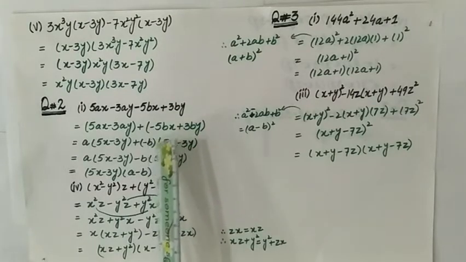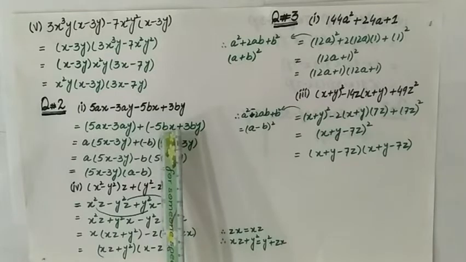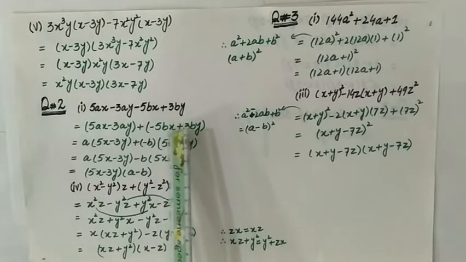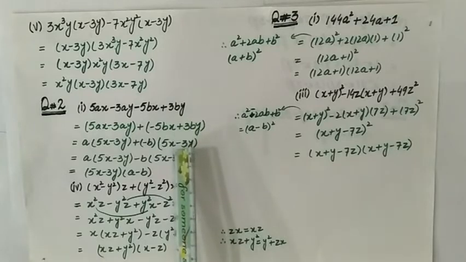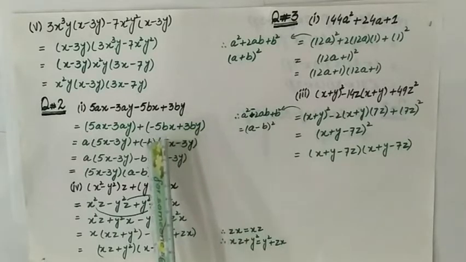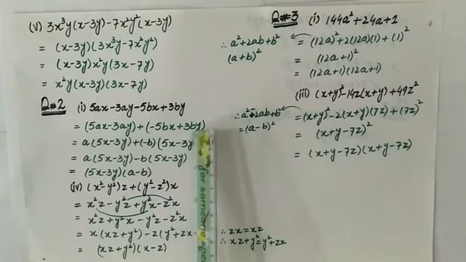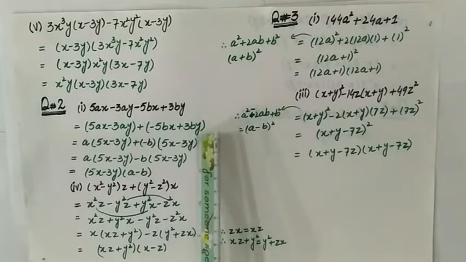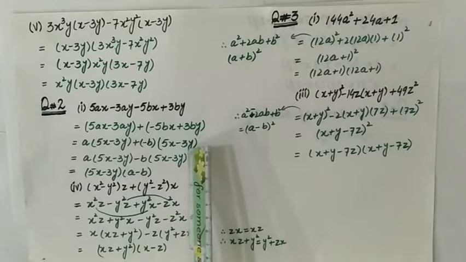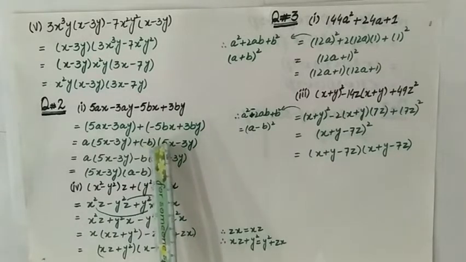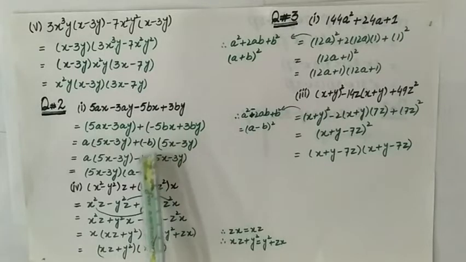As minus b is the common, the remaining value in the first term is 5x. Minus times minus, the remaining value is 3y. After multiplying this positive with this negative sign, plus will become minus b.